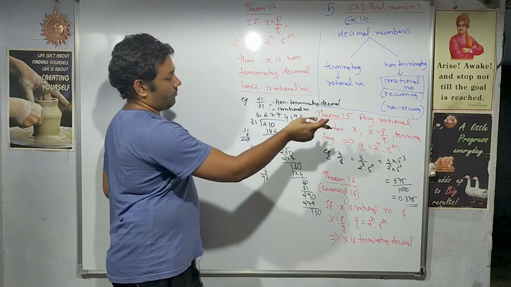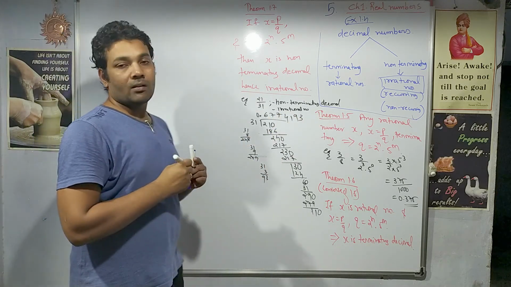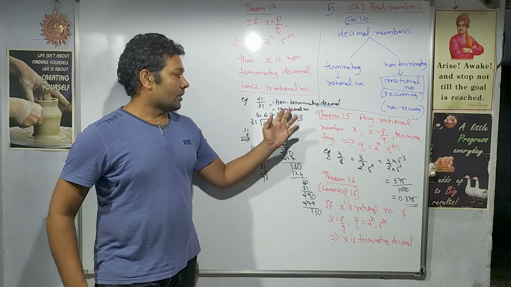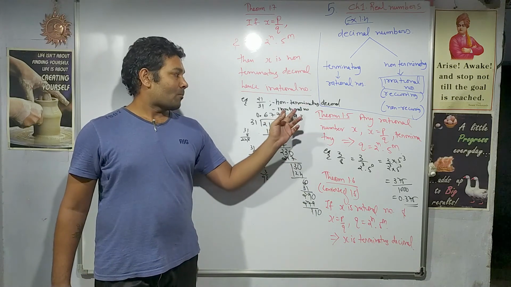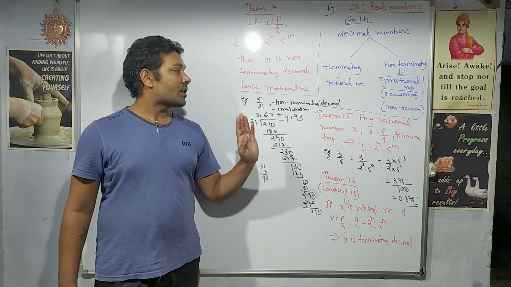So see, obviously the conclusion is definite, it is a non-terminating decimal, it will go on for sure, and it is an irrational number. You can try as much as you want.